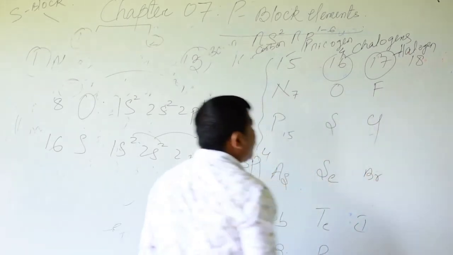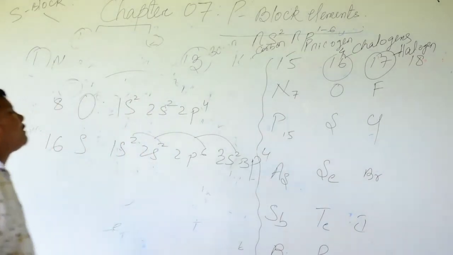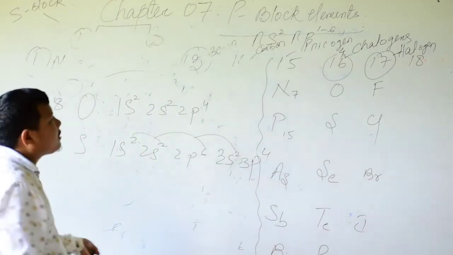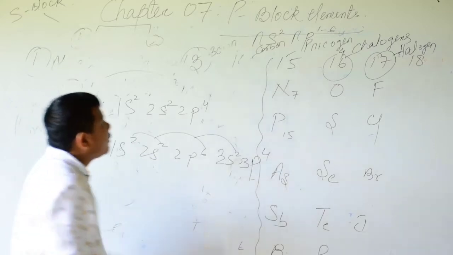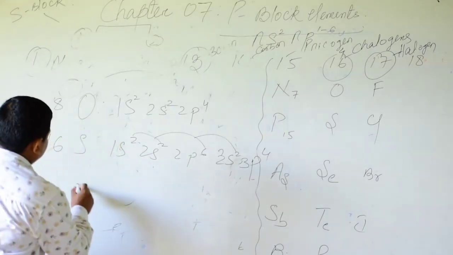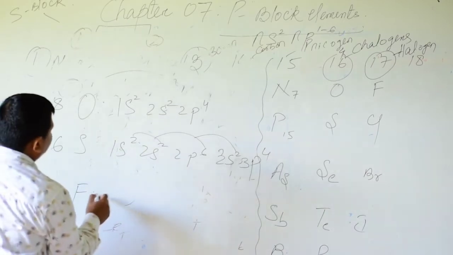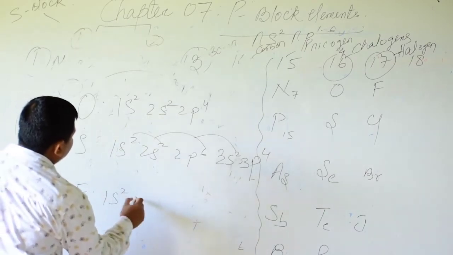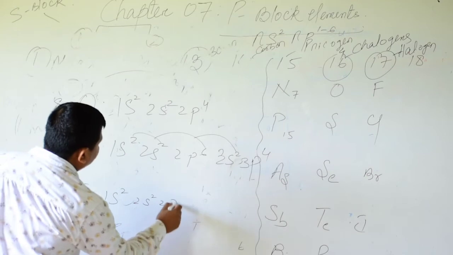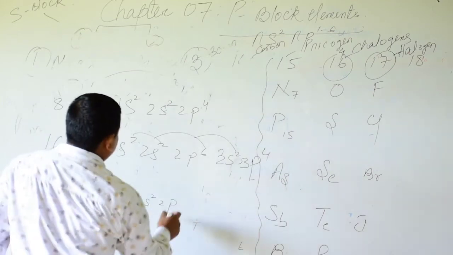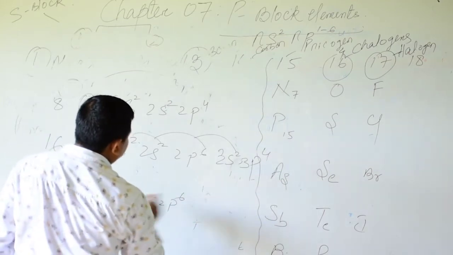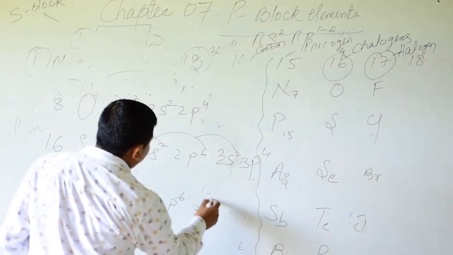So it's group number 17, and for the electronic configuration, the atomic number of fluorine is 9, so that also I'm going to show. 1s2, 2s2, 2p6, 2 plus 2 is 4, 4 plus 6 is 10, 3s1.